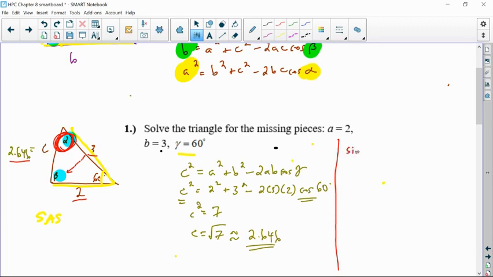So sine of alpha over 2 is equal to sine of 60 degrees over 2.646. So cross multiply. So 2 times sine of 60, and then I'm going to divide that by 2.646. And I'm going to do the inverse sine. And I know I'm introducing this.